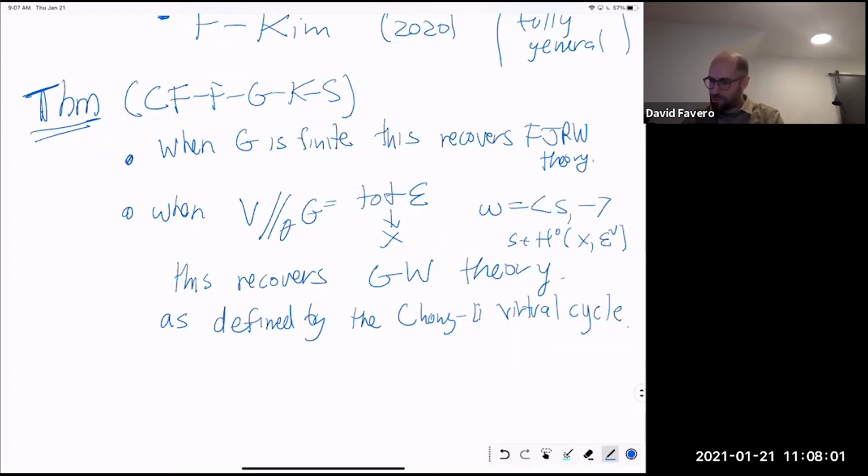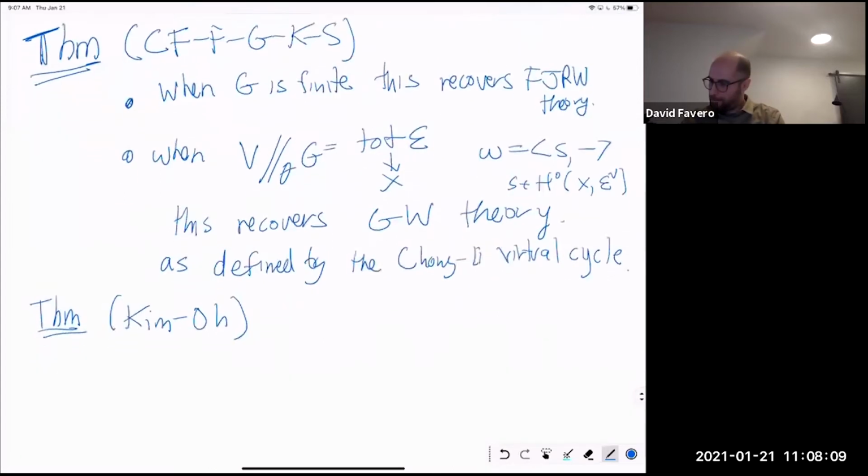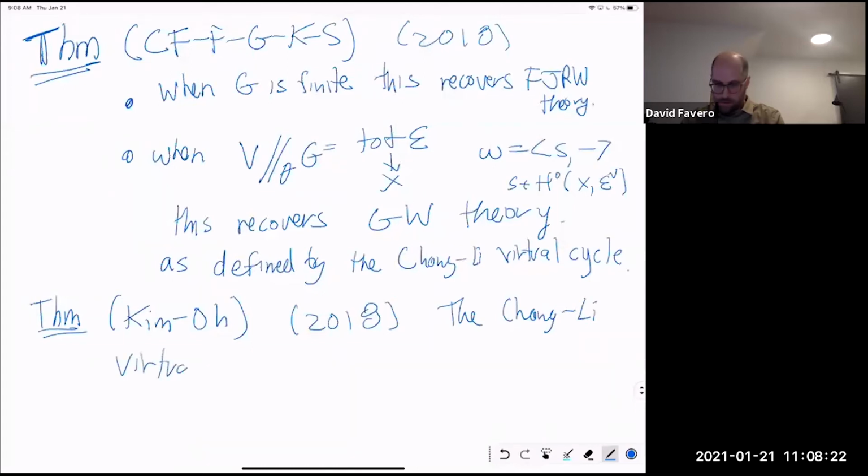This was also 2018. The Chang-Lee virtual cycle agrees with the Baron-Fontecchi virtual cycle, which is the classic one used to define Gromov-Witten theory.